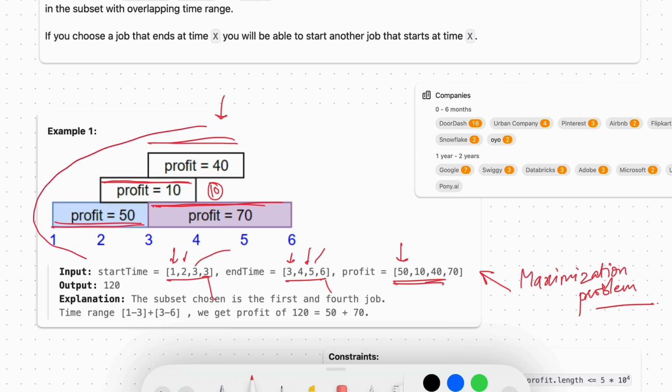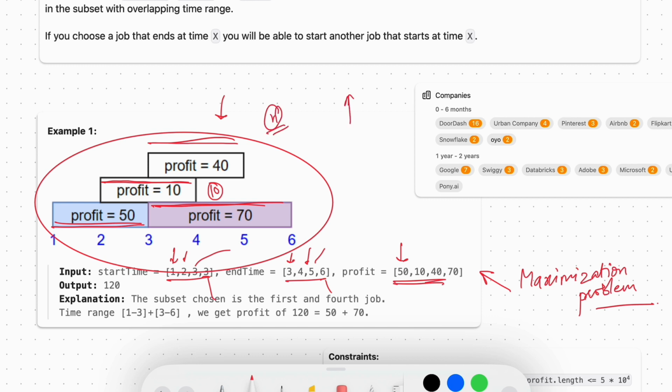We have to choose jobs from this set of n jobs such that the profit is maximized and no chosen jobs are overlapping. At a single unit of time t, we can end a job and start a job. That is also fine.